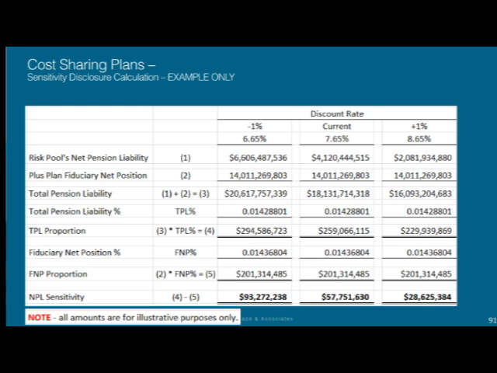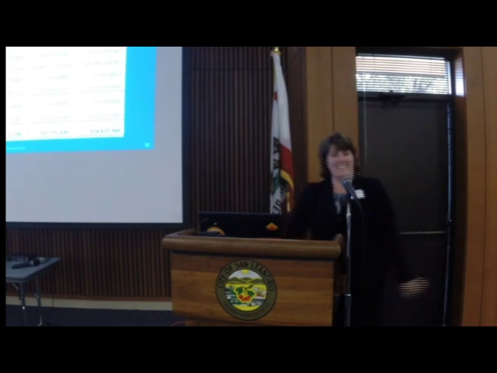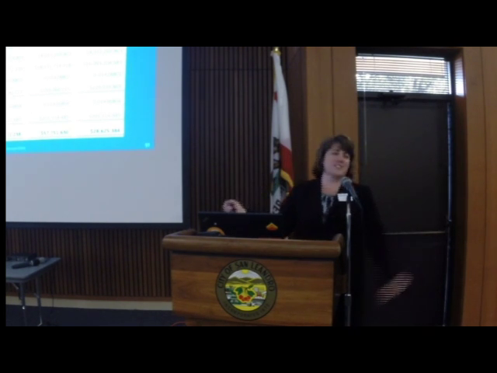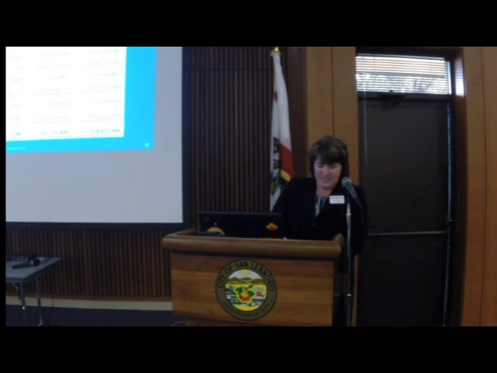So now you're taking the total pension liability minus the proportionate share of the fiduciary net position to come up with your particular sensitivity schedule. Woohoo! Yay! This is year 2, and you get to do this every year from now on. So, any questions on that?